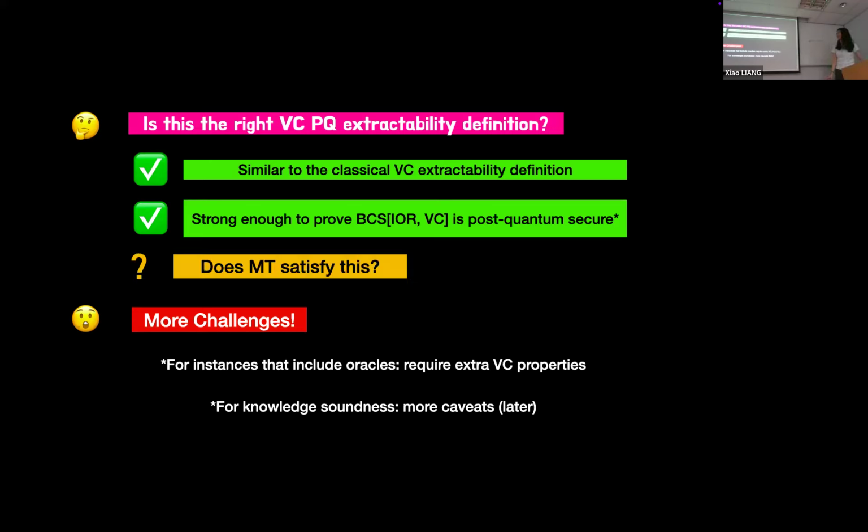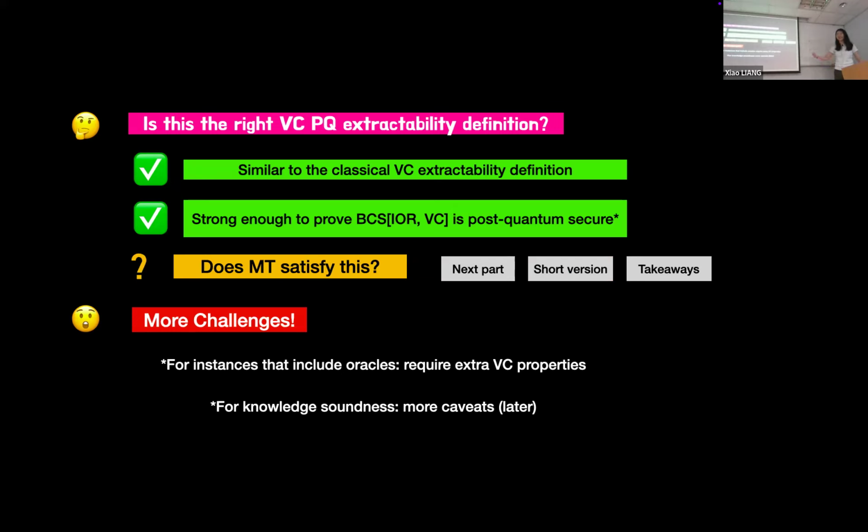And we could get to that later. So the last question we need to answer is whether any vector commitment scheme actually satisfies our definition. And it turns out that Merkle tree does. I don't have much time, so maybe I will skip that part.